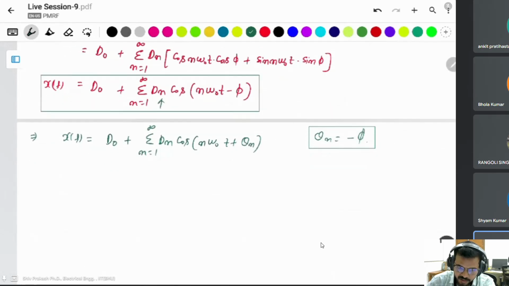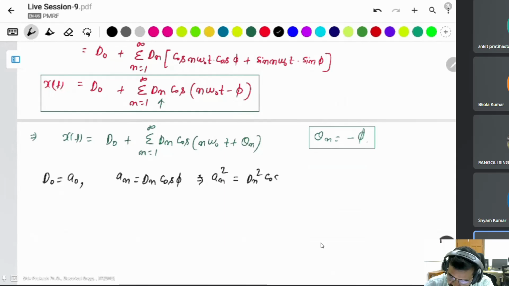D naught is the same as a naught, but an is equal to dn cos phi. If you square this, an square is equal to dn square cos square phi. Next, bn is equal to dn sin phi. If you square this, bn square is equal to dn square sin square phi.